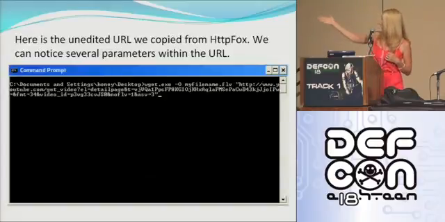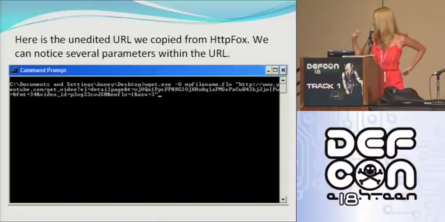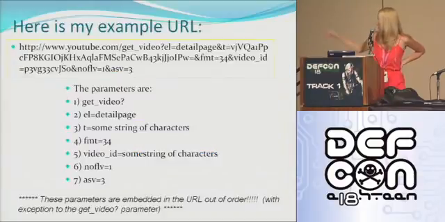Here's the unedited version of the URL. You can see there's a whole bunch of parameters there. The web page and a bunch of different parameters. There's the URL again, and I broke down each of the different parameters.